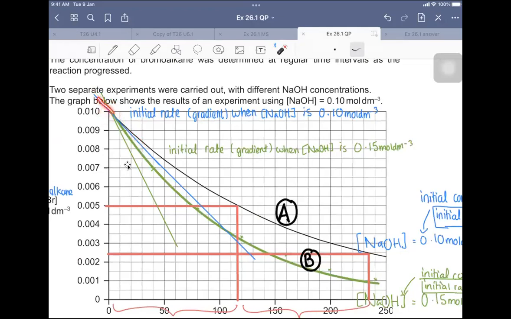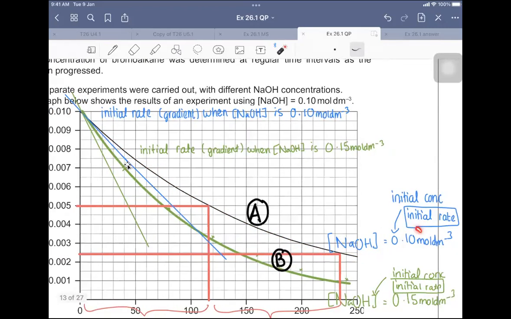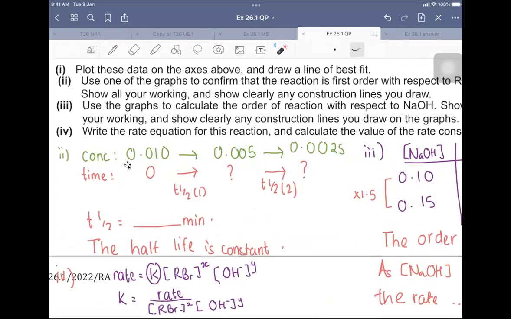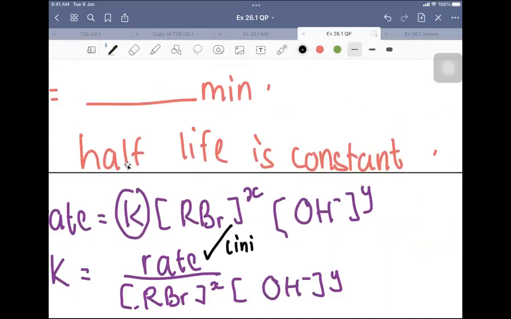And since we are looking at graph A, our concentration of sodium hydroxide at initial is 0.10. So that means we know the rate, which is the initial rate. I will just put in brackets, initial.